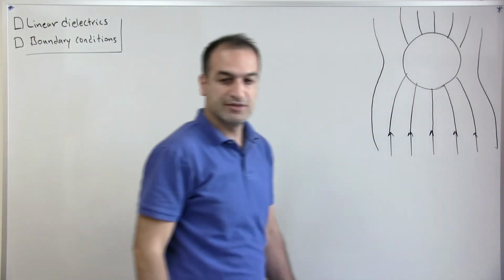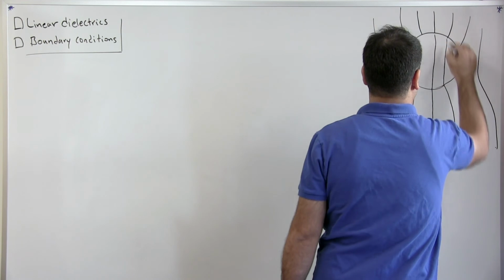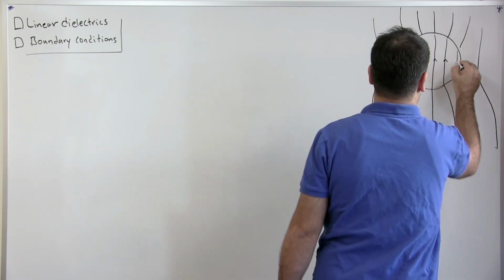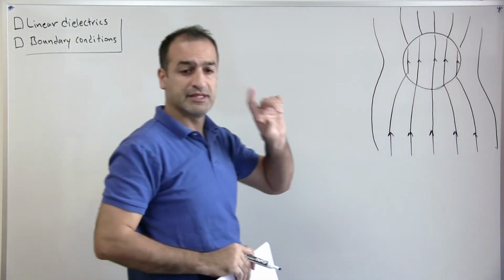And then the question is, what kind of electric field do we get inside? And I'm already drawing the surprising answer that the electric field inside becomes uniform.